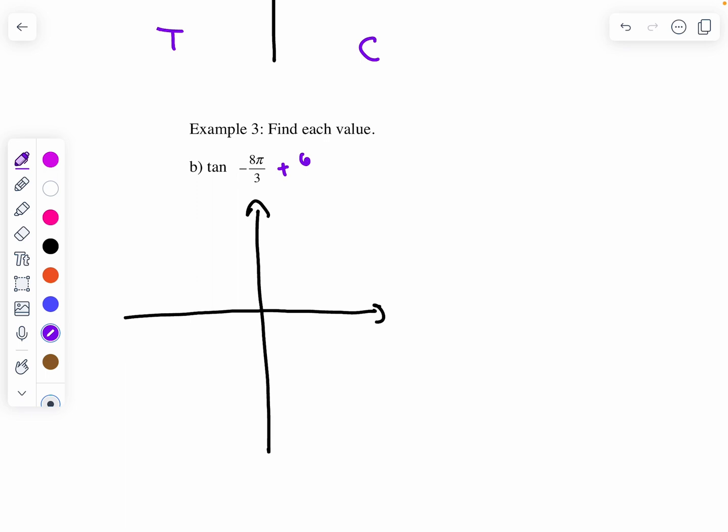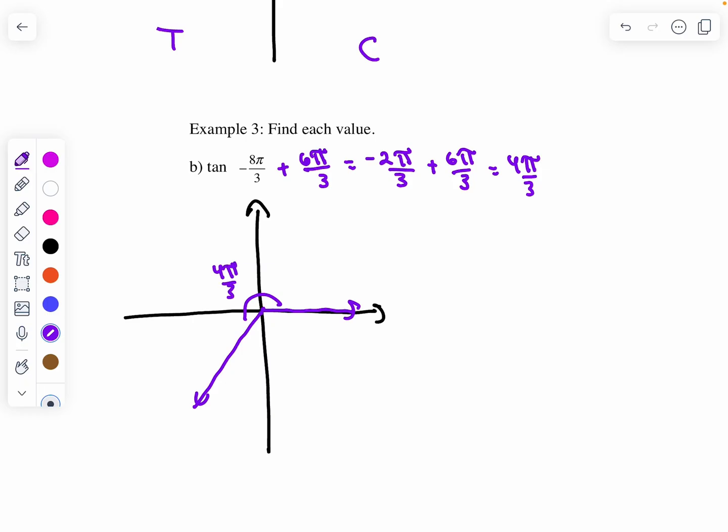So first of all, let me get this to a point where it's positive. So I add 2 pi, still not positive. I add 2 pi again. Now I'm positive.